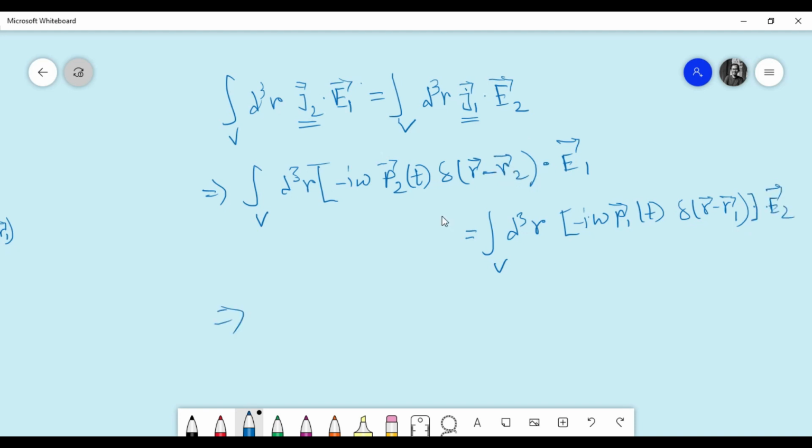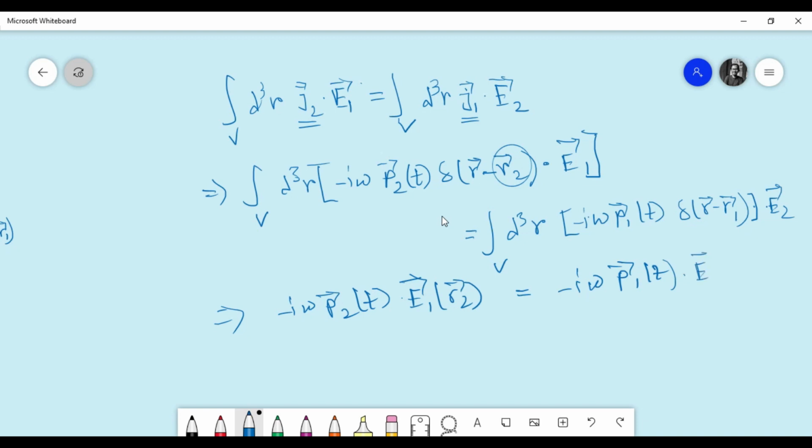Now, using the shifting property of the Dirac delta function, we're going to get the value of the integrand at point R2 from this integral. So we get P2(t) dotted with E1 at R2. Similarly, on the other side, we get P1(t) dotted with E2 at R1.